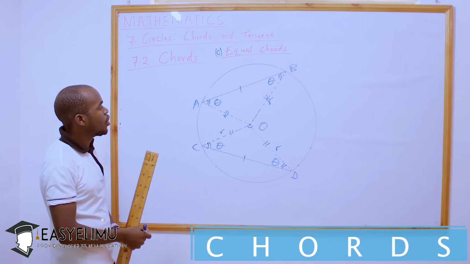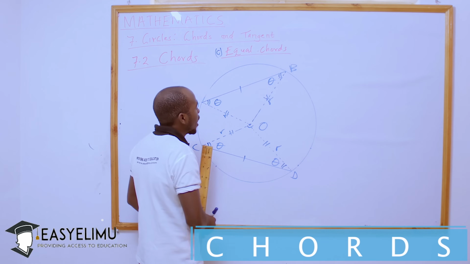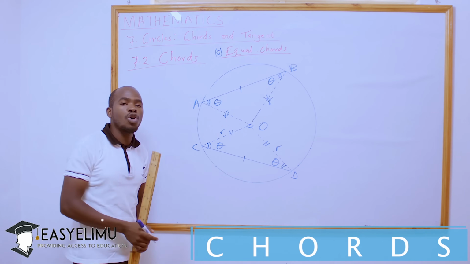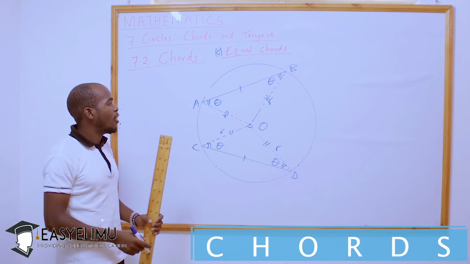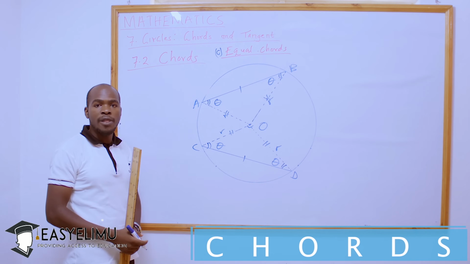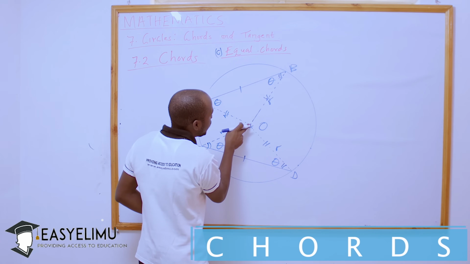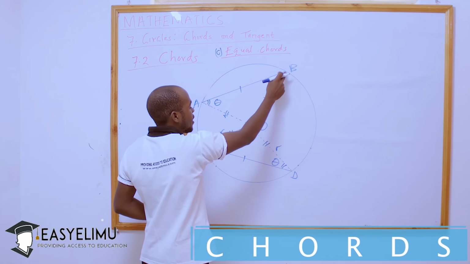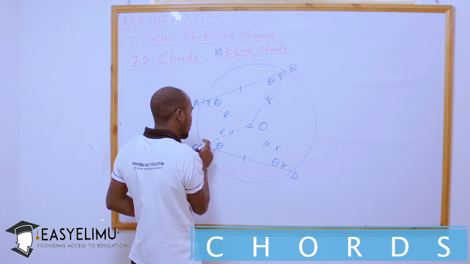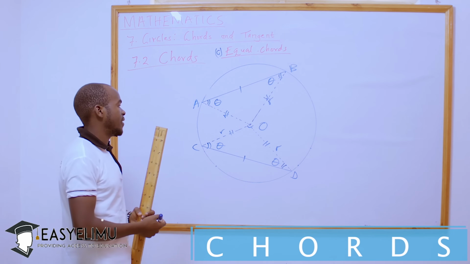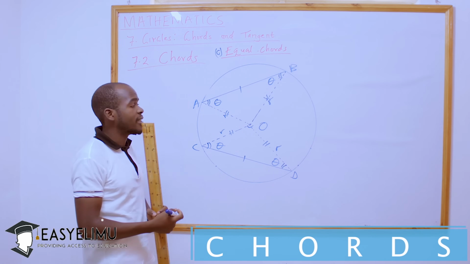This is the angle at the center or the circumference, and that is what we are going to have. So we can see that if you have two equal chords in a circle, they are always equidistant from the center of that circle, since the distance from here to here is the same distance to there, which is the same distance to the other vertex, and that is the radius of that circle.